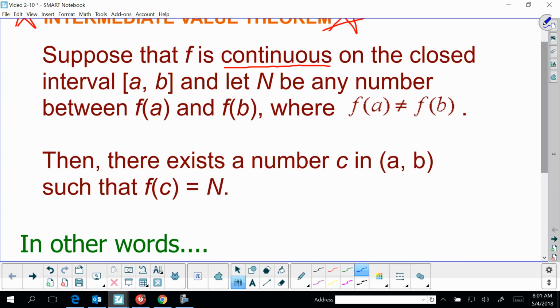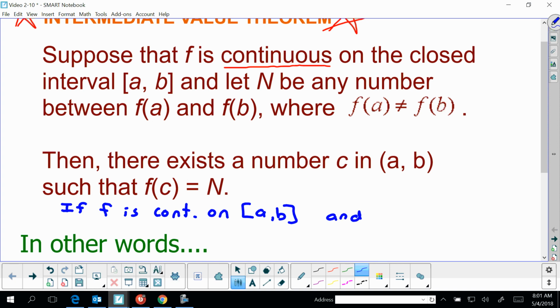Now the way you could write it out is: if f is continuous on the closed interval [a, b]. Closed interval just means that it includes the endpoints, so you don't necessarily need to write closed interval.